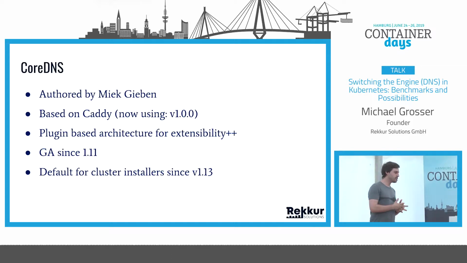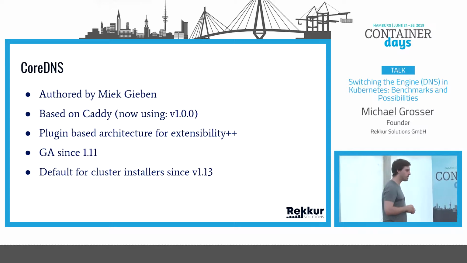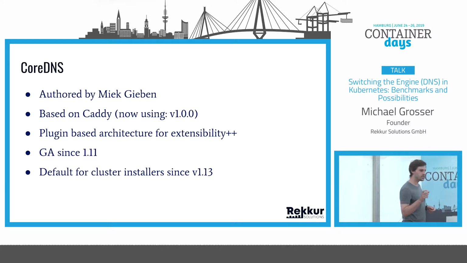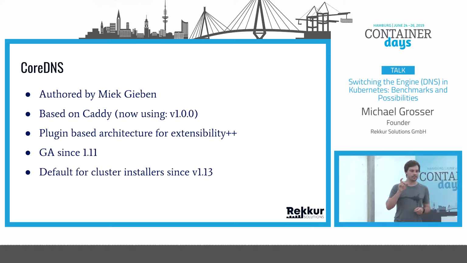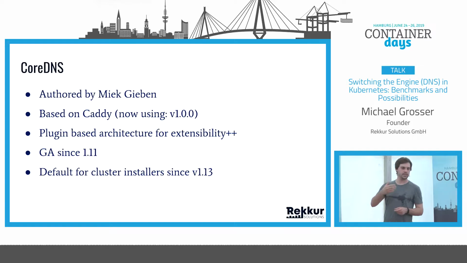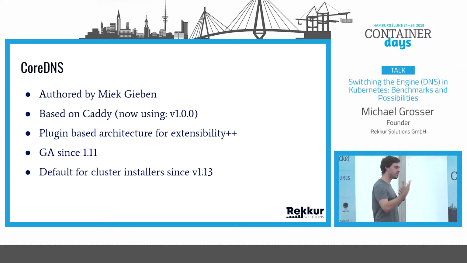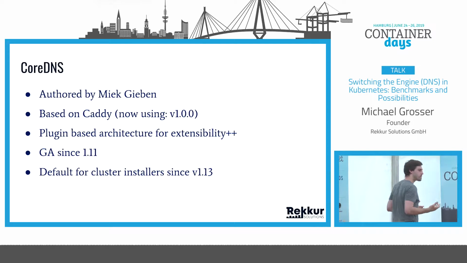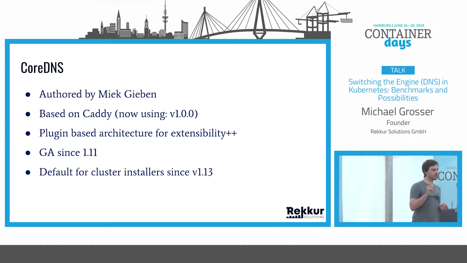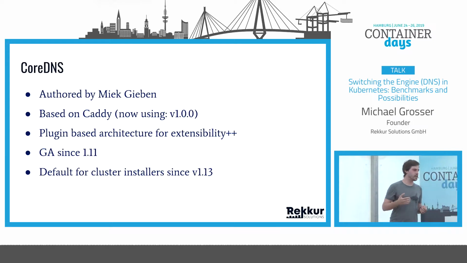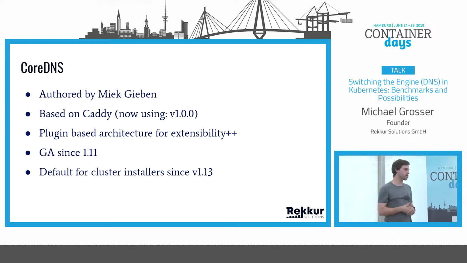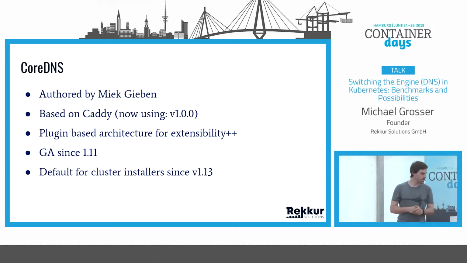So if you have installed, say, 1.14 with kubeadm, CoreDNS is already running in your cluster. A small note on that: the cluster DNS service that you might create into configs or add in there is still called Kube-DNS for legacy reasons. But the actual queries are done by CoreDNS on the backend.